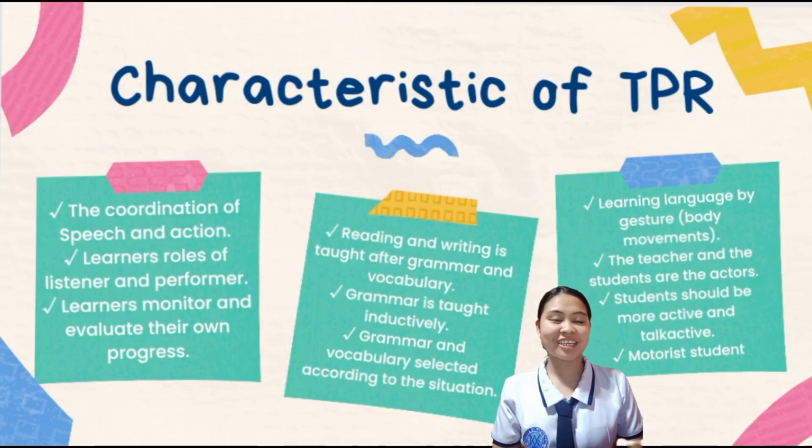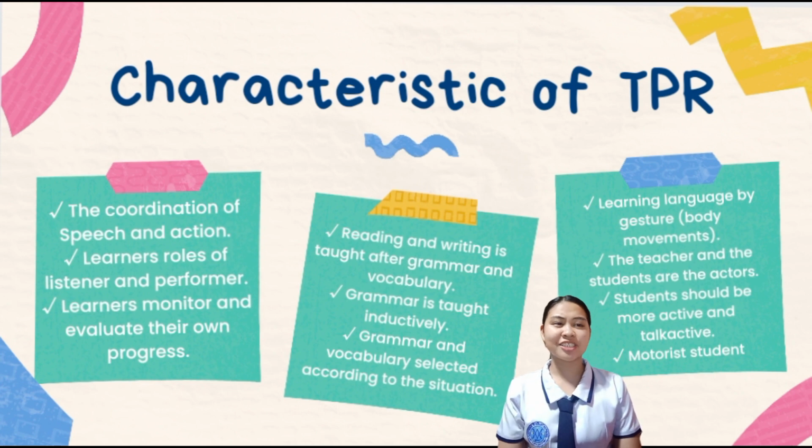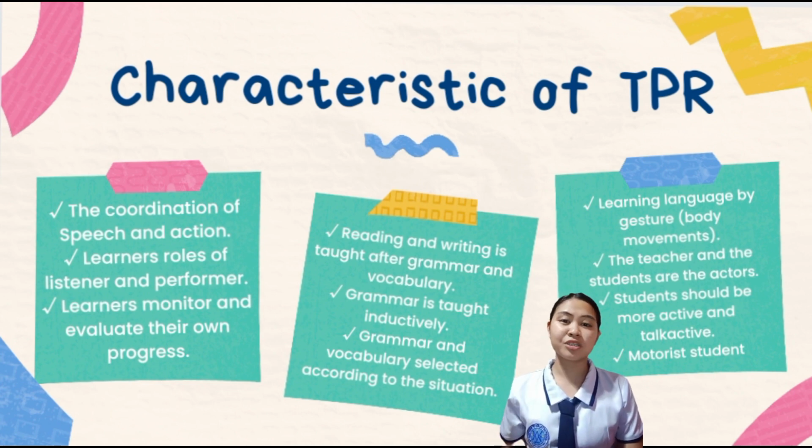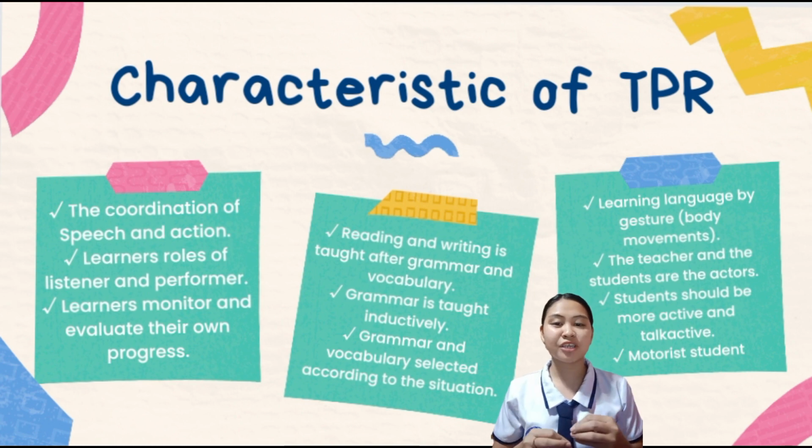On these slides, it is clearly stated that, as a characteristic of the TPR, the student should be active and more talkative, since the learner's roles are listener and performer, and the teacher and the students communicate through body movements.